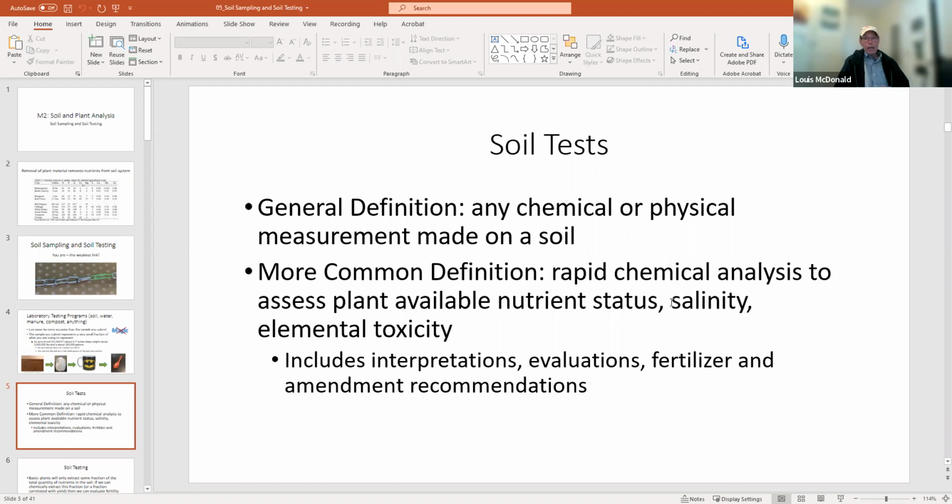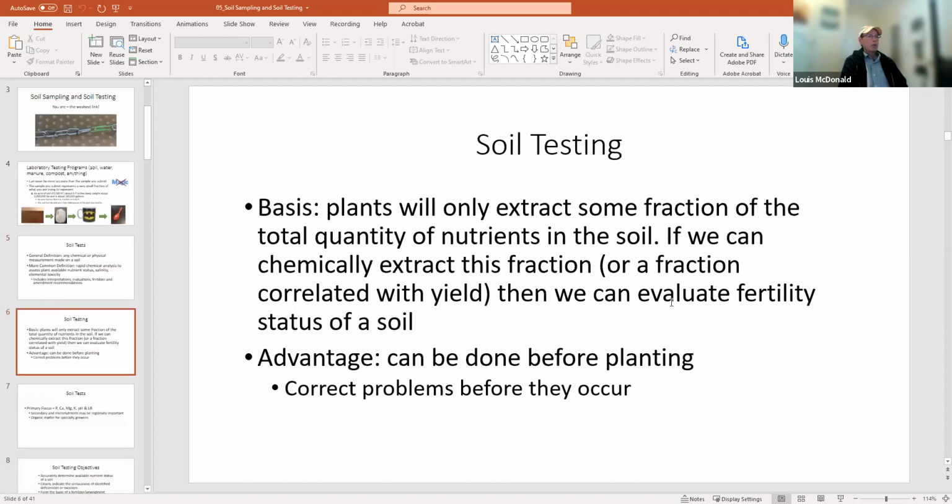If you're a producer and you have a good relationship with a private lab, you should by all means continue to keep that relationship. But that's one that you have developed trust with over time because you have gotten good results for your particular operation. Okay. All right, so soil testing.